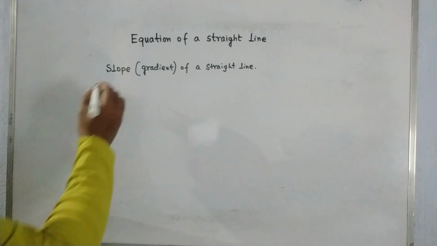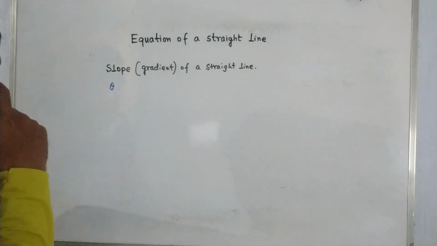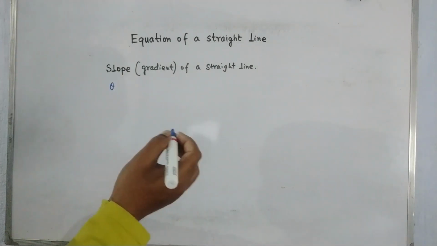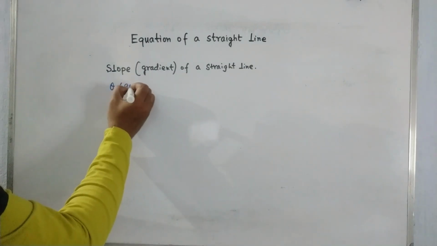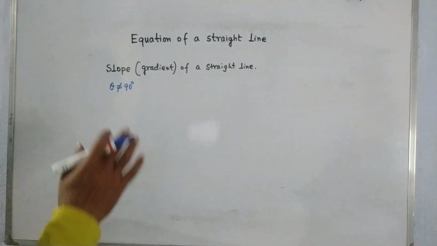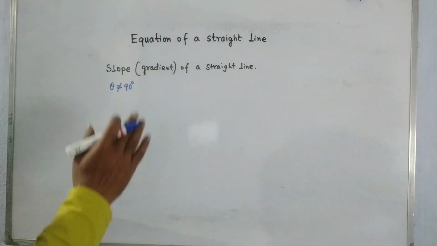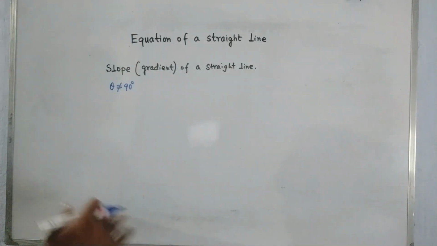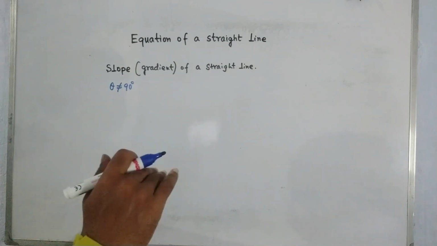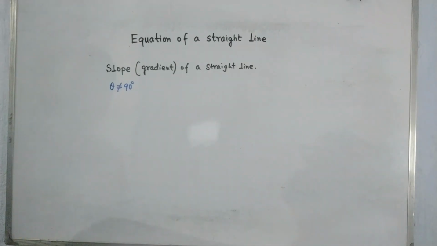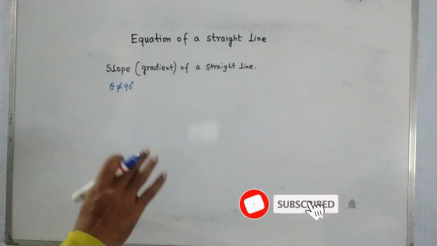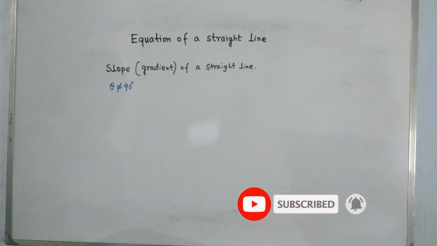Slope or gradient of a straight line. If theta, the angle of inclination, is not equal to 90 degrees, that means it is not parallel to y-axis, and it is not horizontal, that means it is not parallel to x-axis also. So we are talking about oblique lines. We have to find the slope or gradient of that oblique straight line.